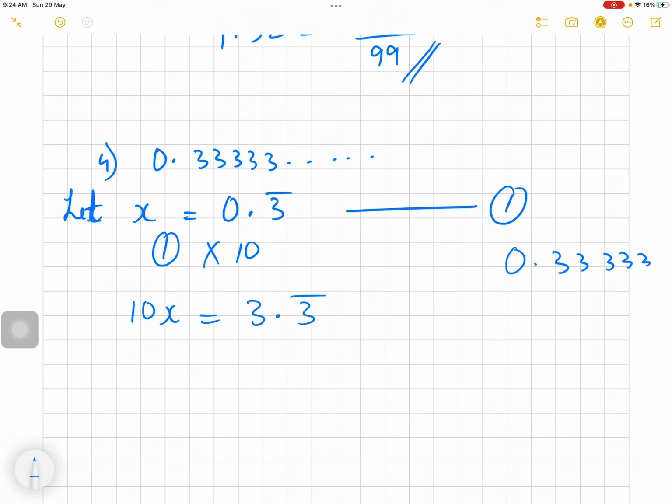When you multiply by 10, 10 has one 0, so the decimal will shift from here to here. So it becomes 3.33333333.